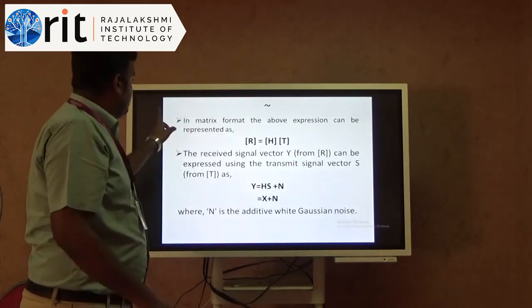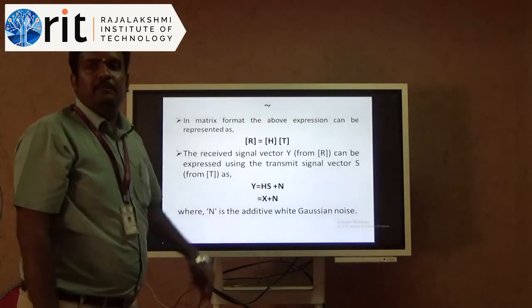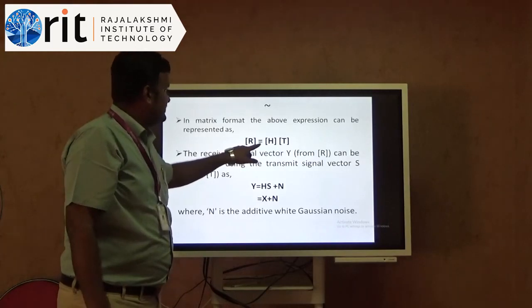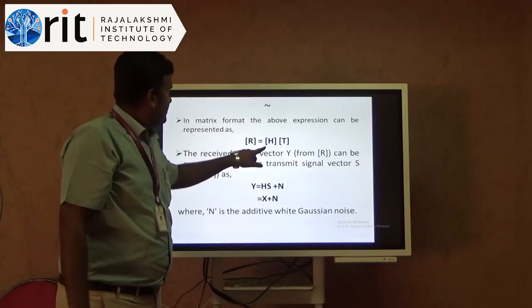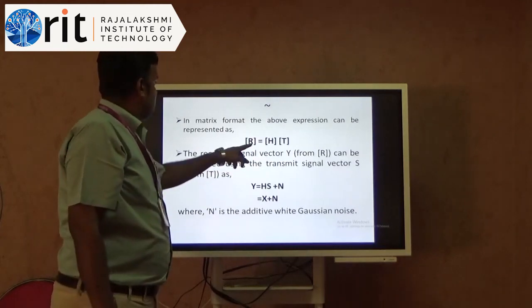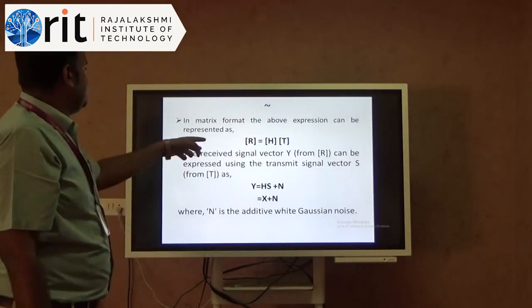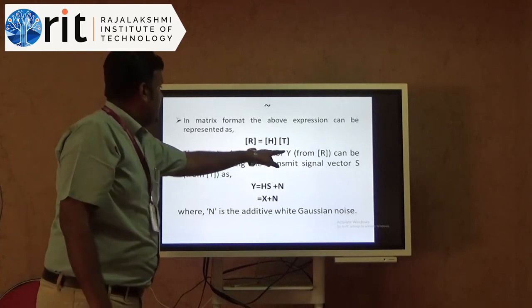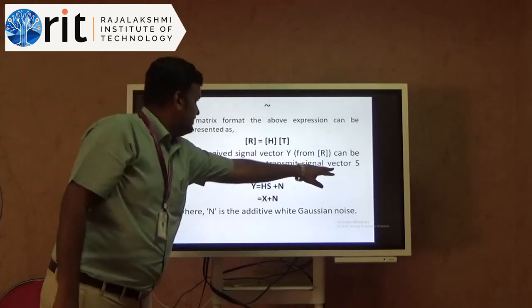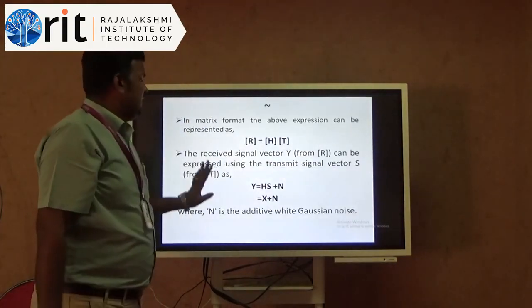If the linear equations are mapped into a matrix notation, the received signal vector R is equal to the product of H and the T vector. Thus the received signal vector Y can be obtained from the R vector, and similarly the transmitted signal vector S can be obtained from the T vector.